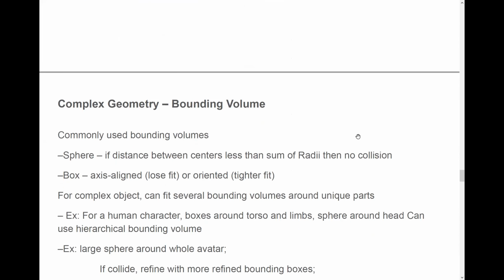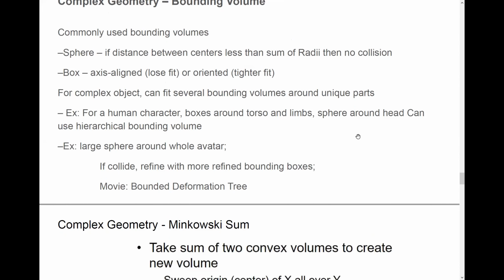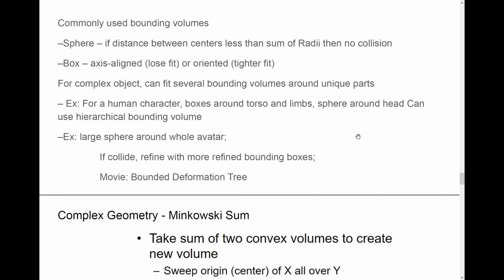The bounding volumes that we usually use are spheres, boxes, etc. For complex objects, we can fit several bounding volumes. For example, for a human character, boxes around the torso and limbs, then a sphere for the head, just like the example that I showed. So if we have a complex object, we can come up with several bounding boxes.